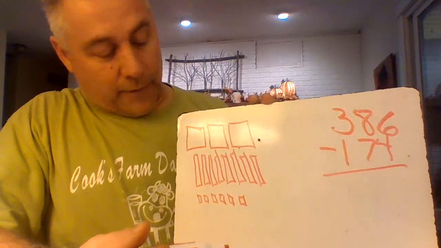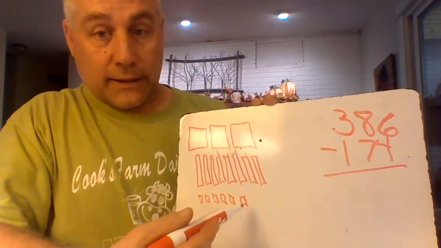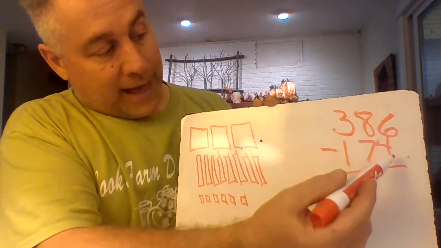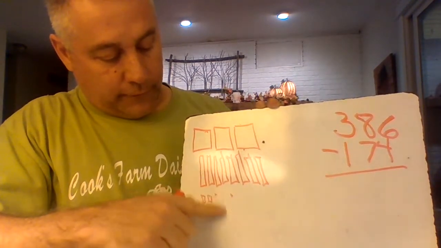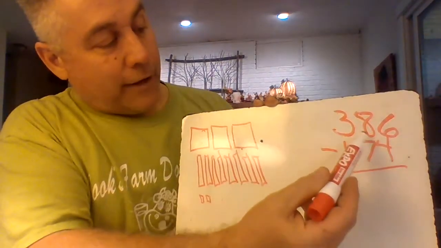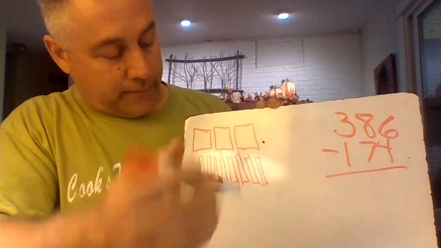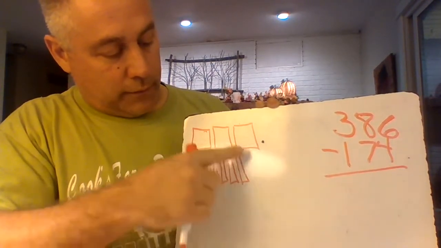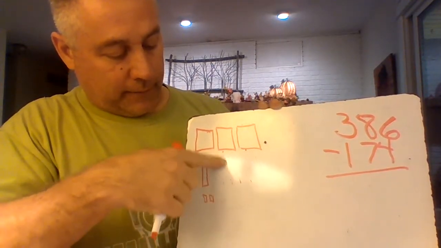Now, since we're subtracting, basically all I have to do is this. I have 6 ones right there. I'm taking 4 ones away. 1, 2, 3, 4. I've got 2 left. I have 8 tens. I'm taking 7 of them away. 1, 2, 3, 4, 5, 6, 7.